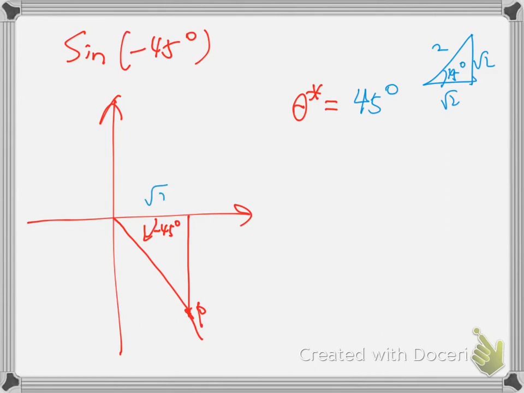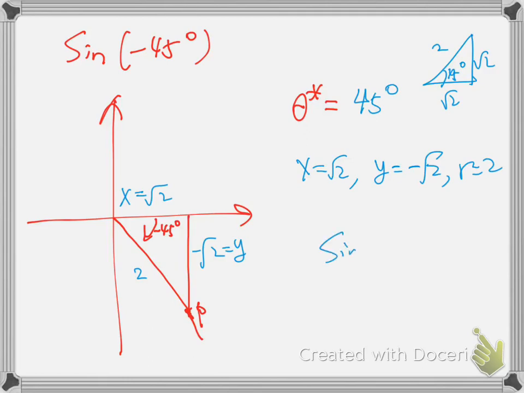So now we know they are radical 2, radical 2, and 2. So now which one is positive, which one is negative? You see x is positive because it's on the right, and y is negative because it's going down, right? It's in the fourth quadrant. So x is radical 2, y is negative radical 2, r is 2.